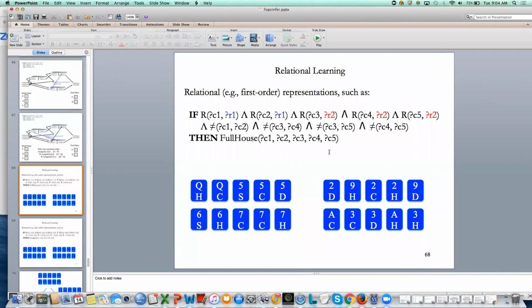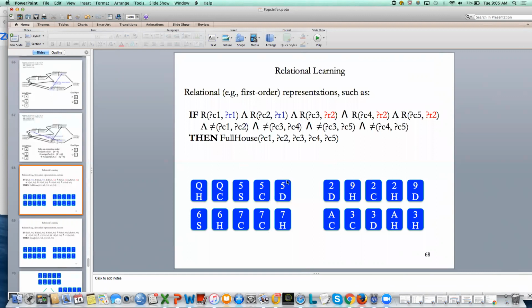That is, your system is observing poker play, and somebody gives a hand, identifies it as a full house. That label then gives the system information from which it can learn.